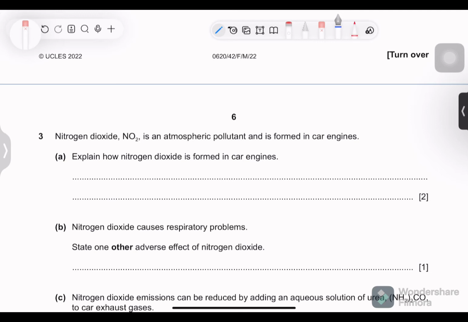So what happens is that the nitrogen from air and oxygen from air interact and react to form oxides of nitrogen. So nitrogen and oxygen from air basically react due to very high temperatures in the engine.